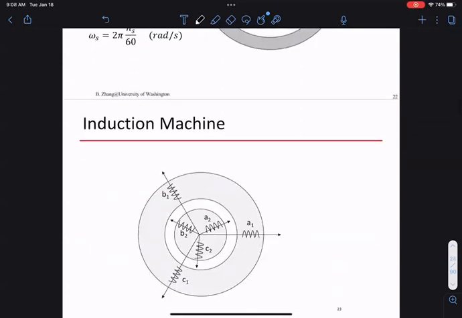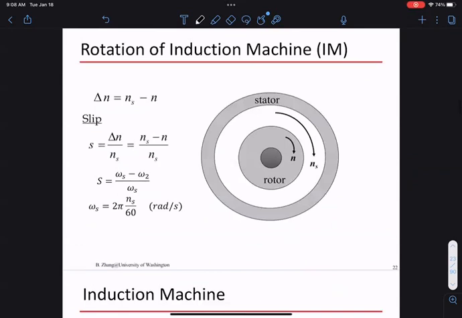The idea is basically setting up a circuit diagram. In this kind of picture, they rotate at different speeds.